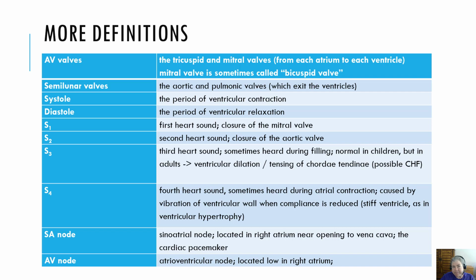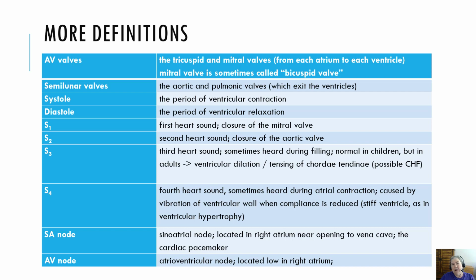Now there are two additional sounds that we call heart sounds. There's something called S3, which is the third heart sound. It is sometimes heard as the ventricle fills. In kids, it can be normal, and in young people, but in adults, it usually means there's something wrong, and that something wrong is usually that the ventricle is enlarged.